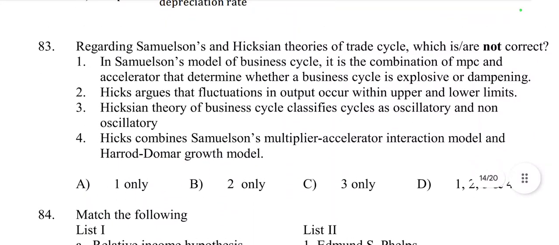Then question number 83. Regarding Samuelson's and Hicksian theories of trade cycle, which is not correct?